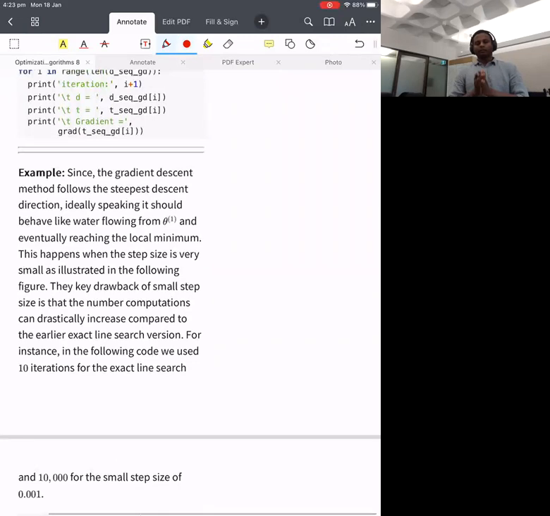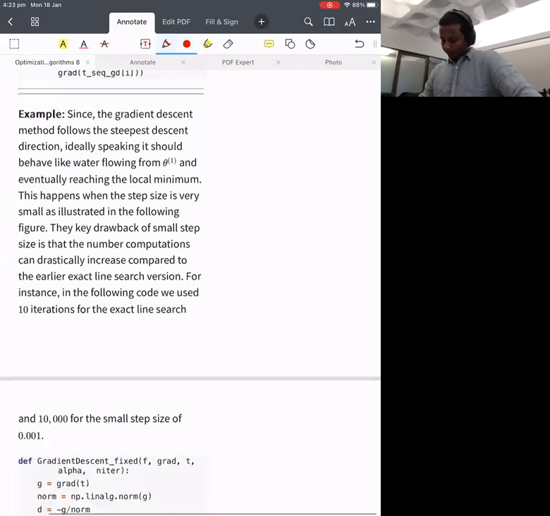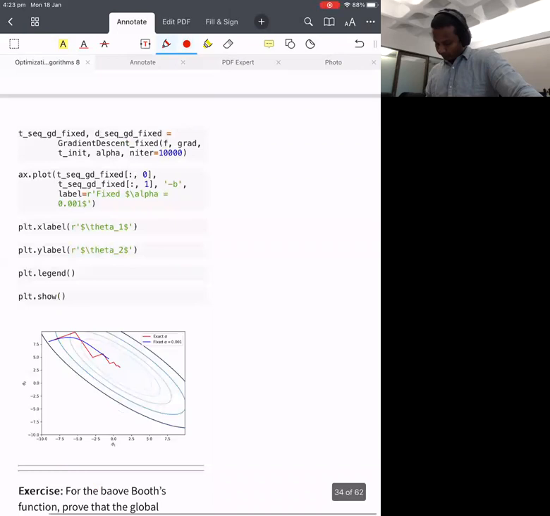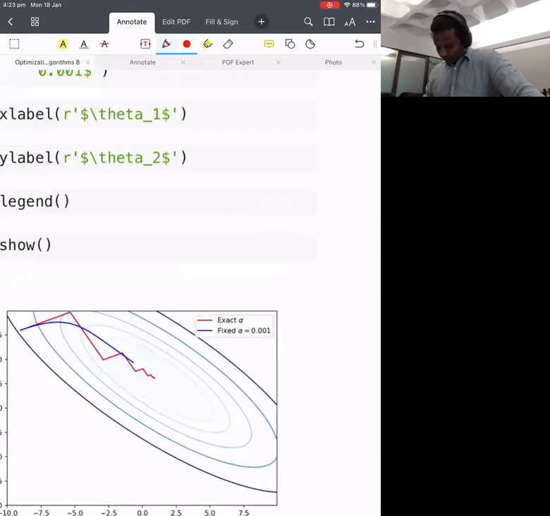As I said, if you want to really imitate water flow, you want to take small steps. For the same algorithm with alpha 0.001, you can notice that the path is very smooth. It's just like flowing.